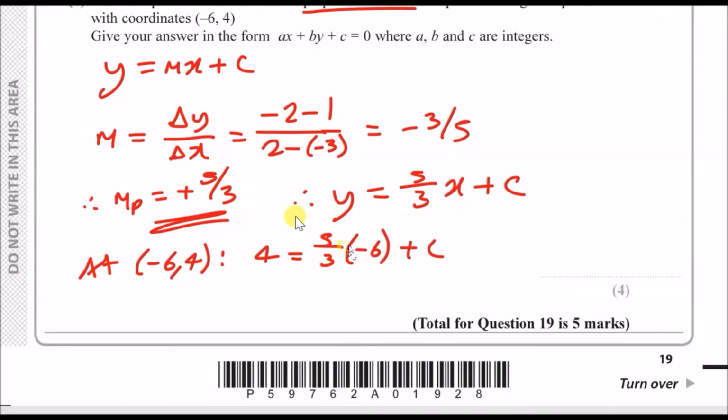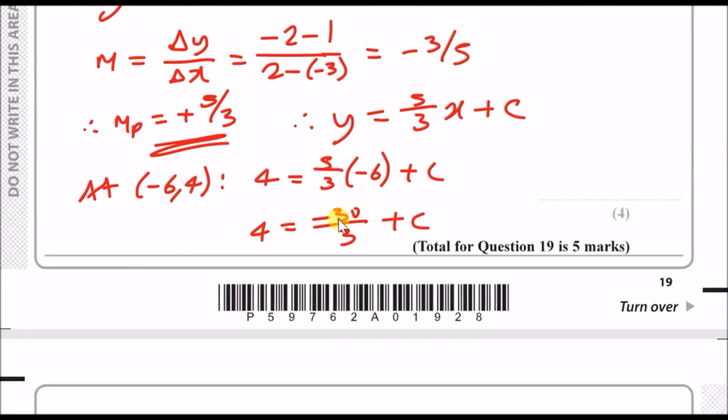Expanding this, 5 times -6 is -30/3, and then you got plus c. Then just plus this to the other side. In your calculator, you're going to write 4 plus -30/3, and you're going to get a c value of 14. So all that tells us now is that your c value over here is 14.